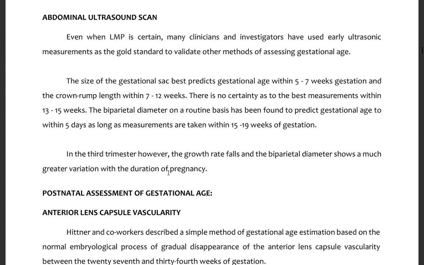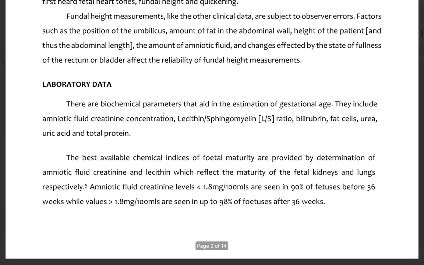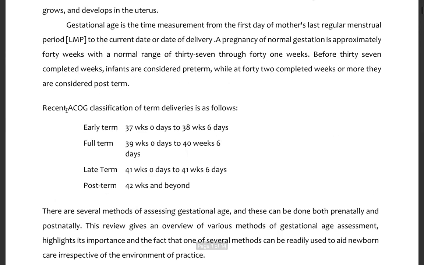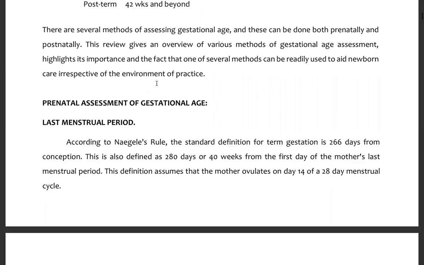So this is your antenatal, that is prenatal, assessment of gestational age. To recap: gestational age is the period from conception till the day of birth, and that is called the period of gestation. You should know how to classify term babies, and how to assess gestational age prenatally and after birth.